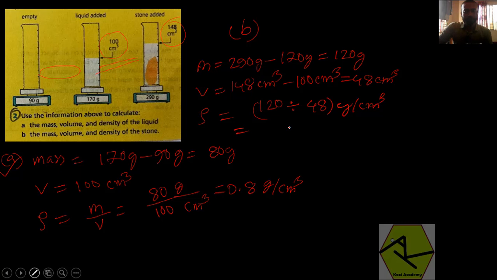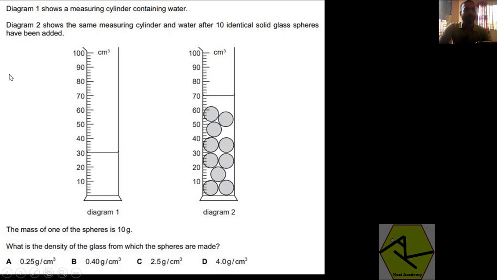Then what is the next? Oh, the diagram shows a measuring cylinder containing water. Diagram 2 shows the same measuring cylinder. Okay, this is the initial reading. We can see the level is at 30. After lowering 10 identical solid glass spheres, the water level rose up to 70 cubic centimeter.